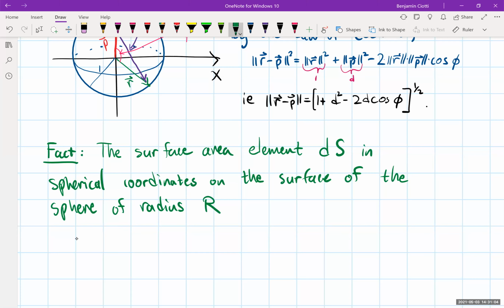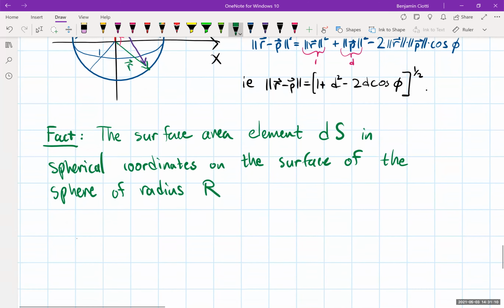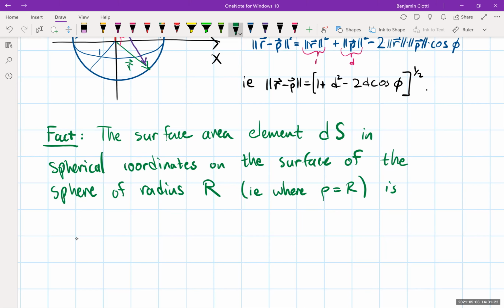In the problem, the radius is 1, but I'm going to give you the more general formula, which is that the surface area element on the surface of the sphere of radius R, i.e. where rho is R, is R squared sine phi d theta d phi.